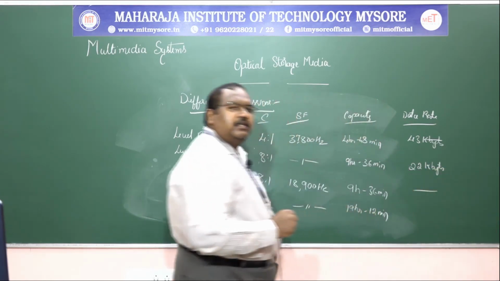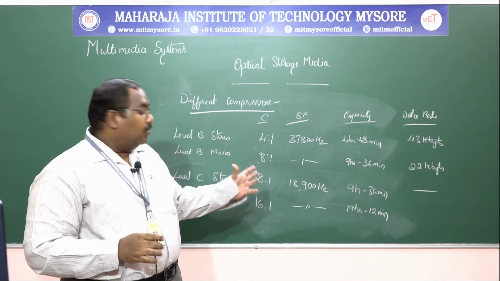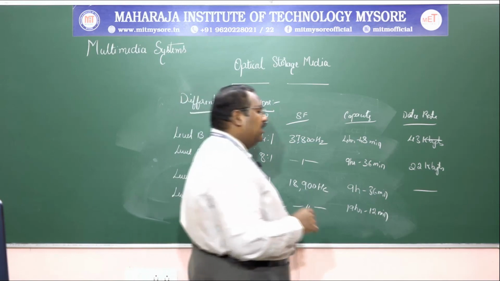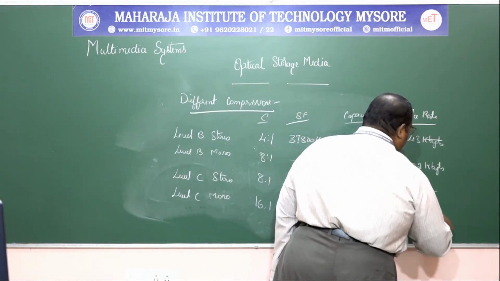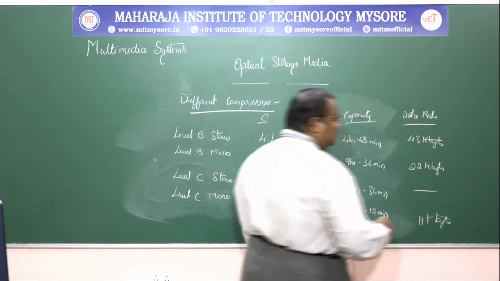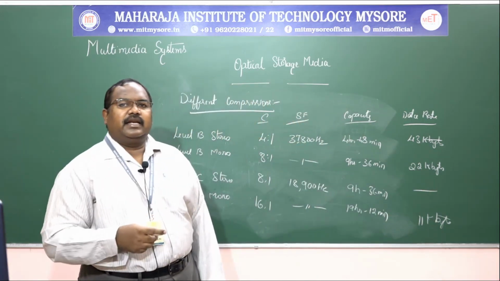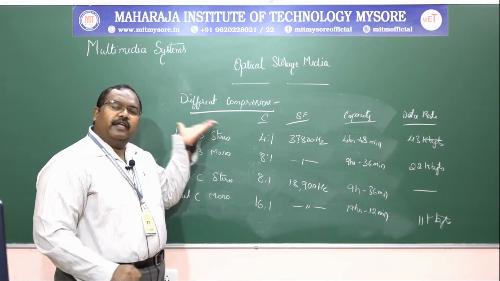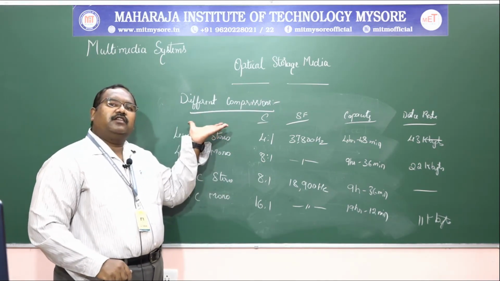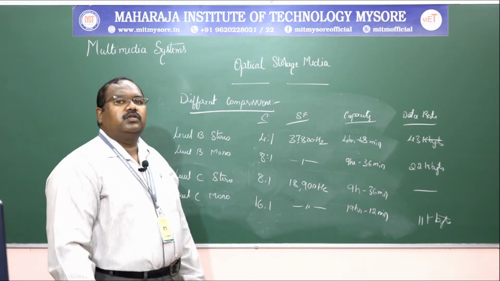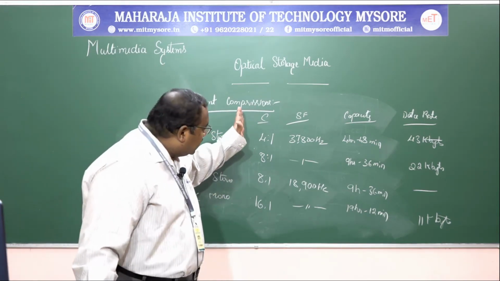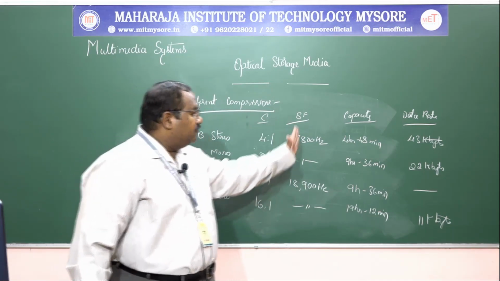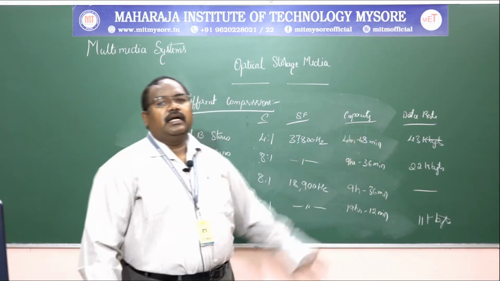But for this one, they have not specifically mentioned it. When we talk about level C mono, we are able to achieve only 11 KB. Look at this, as the storage increases, the data rate decreases. So these are the different variations of compression that can be used.